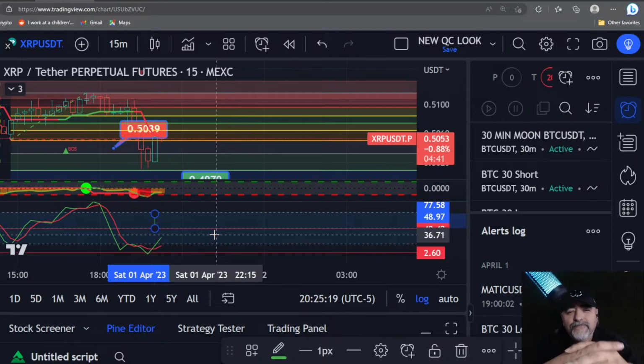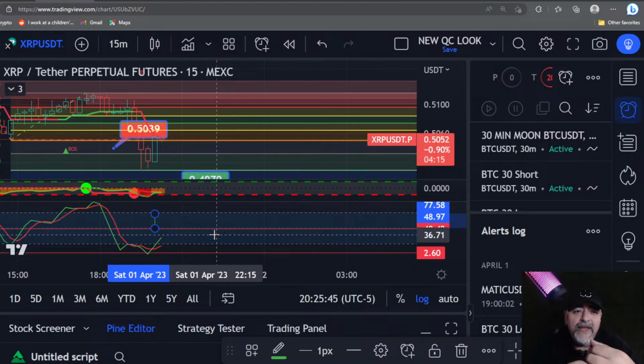Now, think about the philosophy of trading, right? So is it easier to get a coin to go up, or is it easier to get a coin to go down, right? It takes more people to buy a coin, so it's harder. It takes less people to sell a coin because people panic.